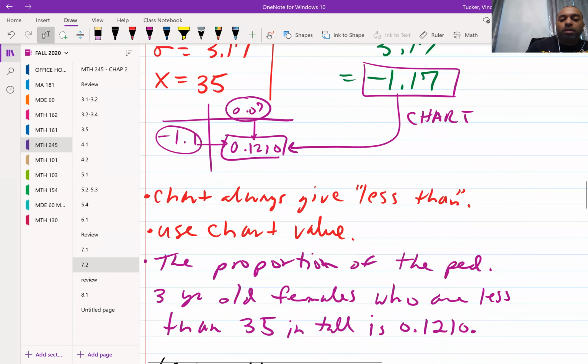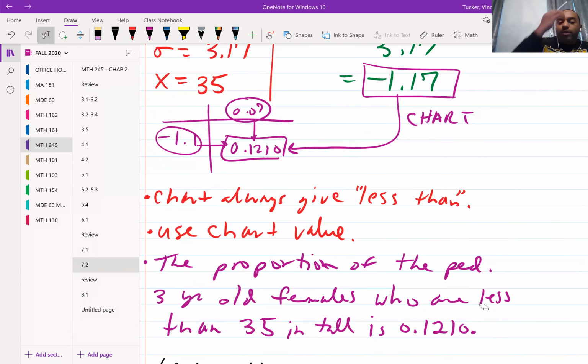All right. So the answer is the proportion of the pediatrician's 3-year-old females who are less than 35 inches tall is 0.1210. Or another way of saying that is, if you were to convert that to a percentage, it's 12.1%.